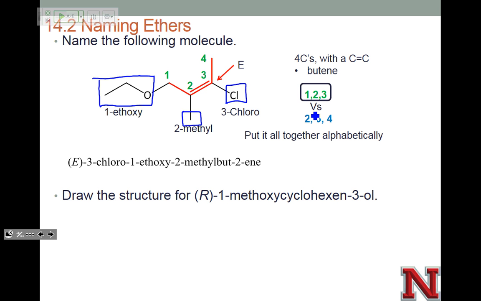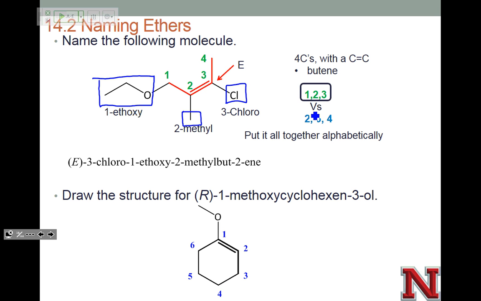If we're drawing this one, 1-methoxy cyclohexene-3-ol, clearly our parent is a 6-membered ring, cyclohexane, with a double bond and an alcohol. So there's my 6-membered ring with my double bond, and my alcohol is on 3.